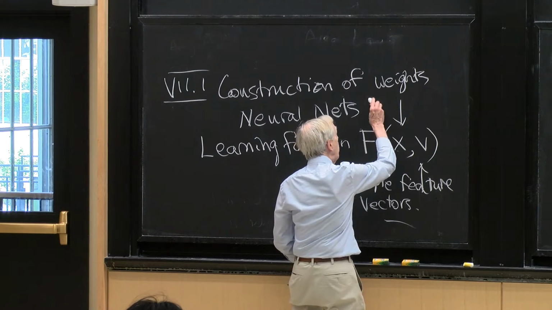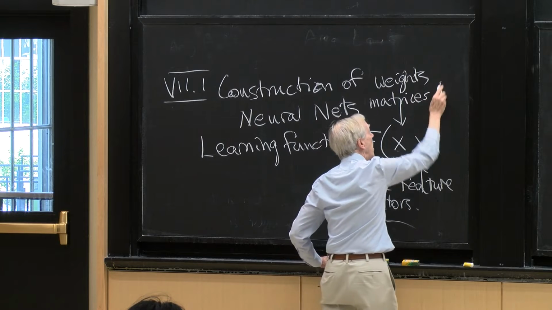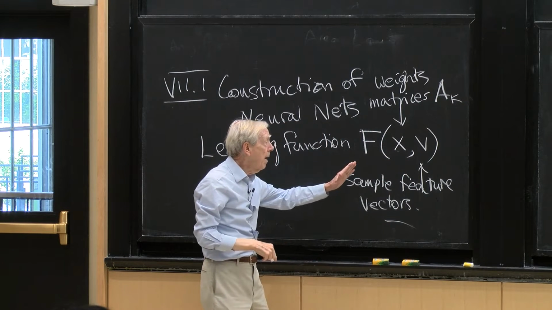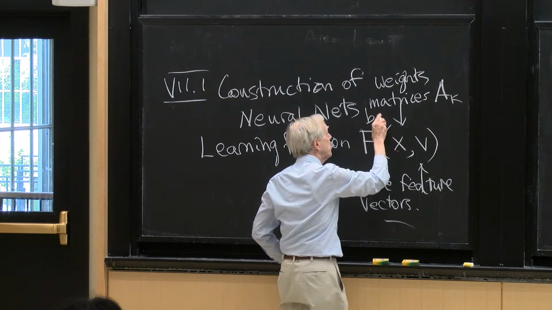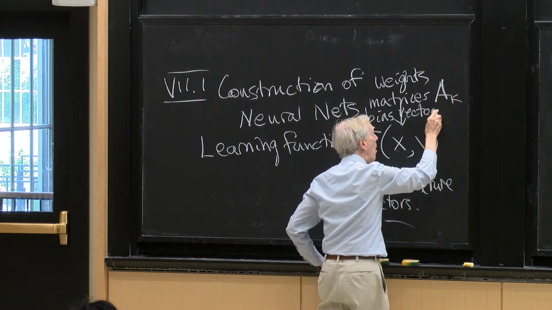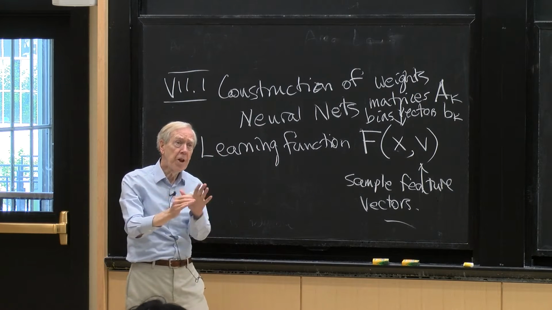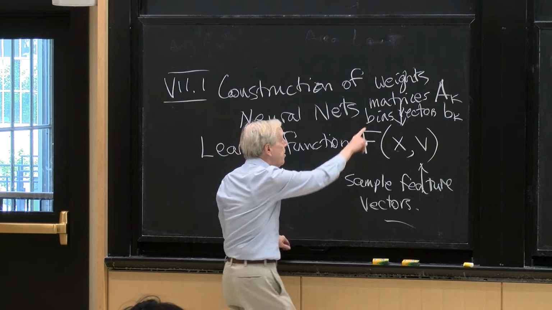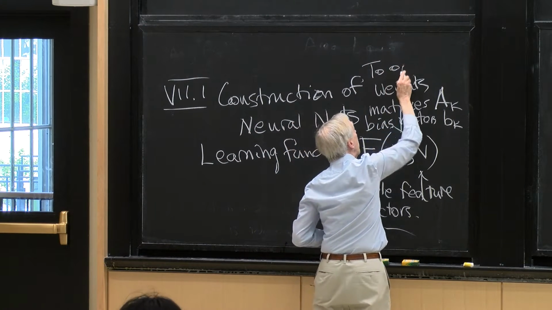So they're the matrices AK that you multiply V by, and also the bias vectors BK that you add on to shift the origin. Okay, it's these that you optimize. Those are to optimize.